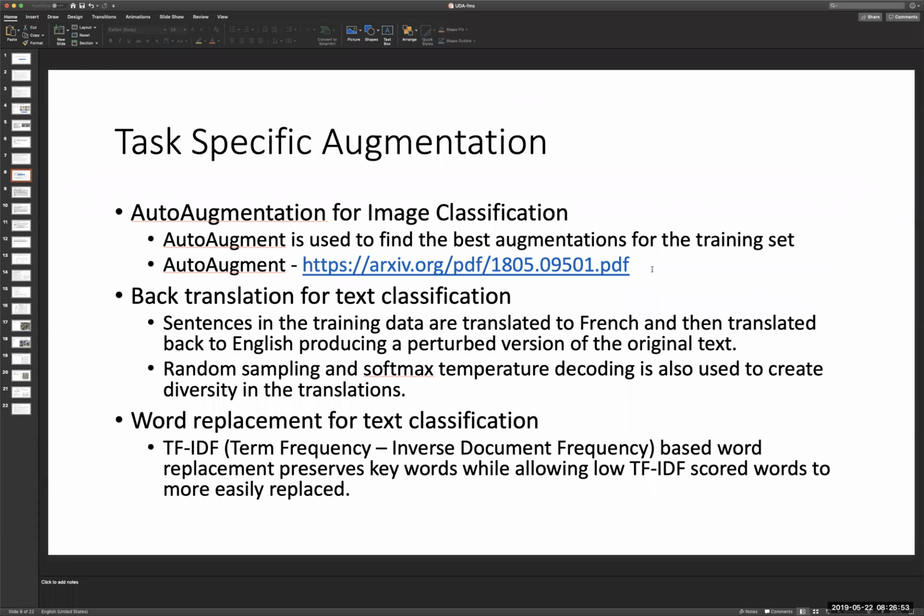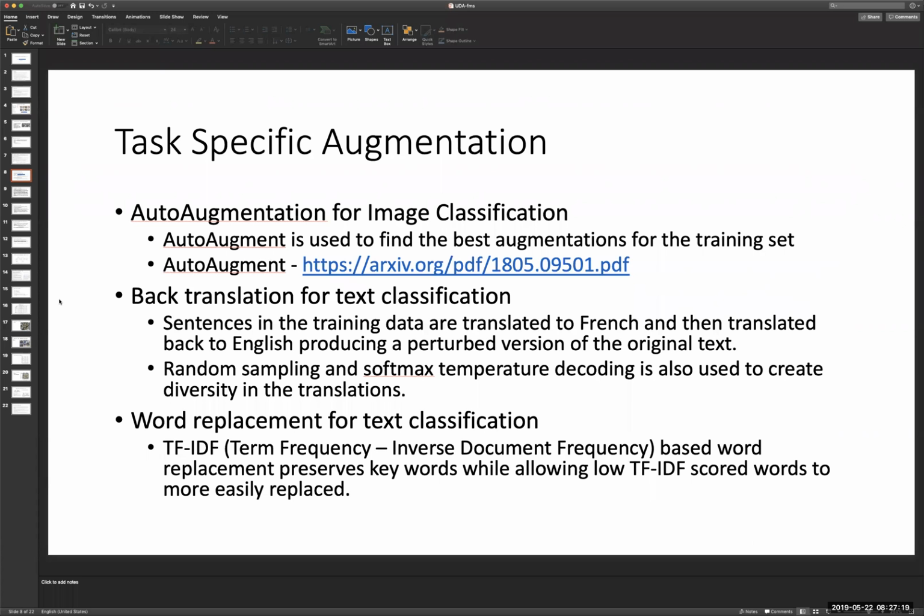AutoAugment is used as a baseline, but the code within it is also modified to work within UDA itself. So it might be helpful at some point, if you're going into the details of this, to read that paper.